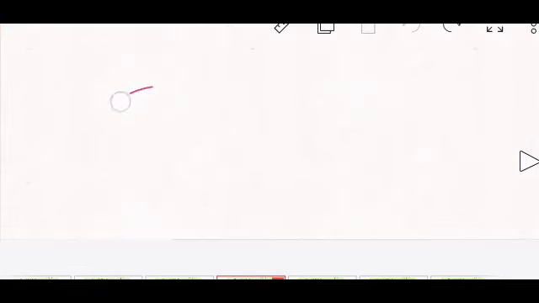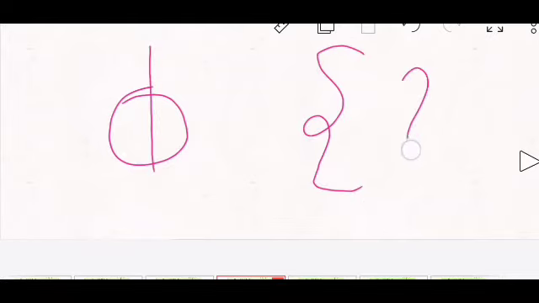It doesn't represent any other thing apart from an empty set. Whenever you see it in a question, always know straight away that this is an empty set. It means there is no element in the set, so it's also called a null set. Now that we have explained that, that is an empty set.